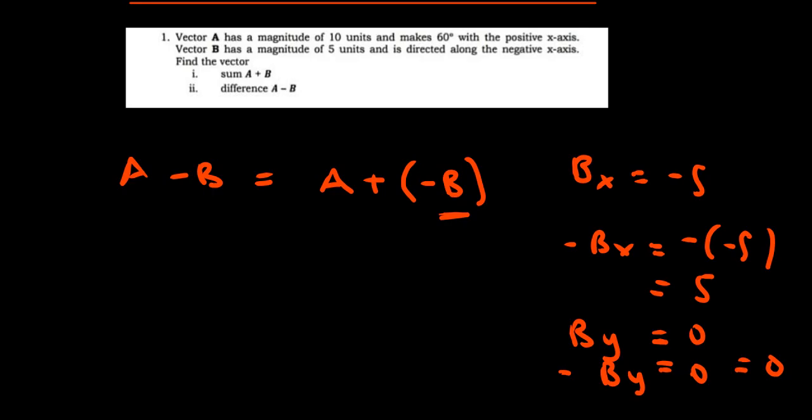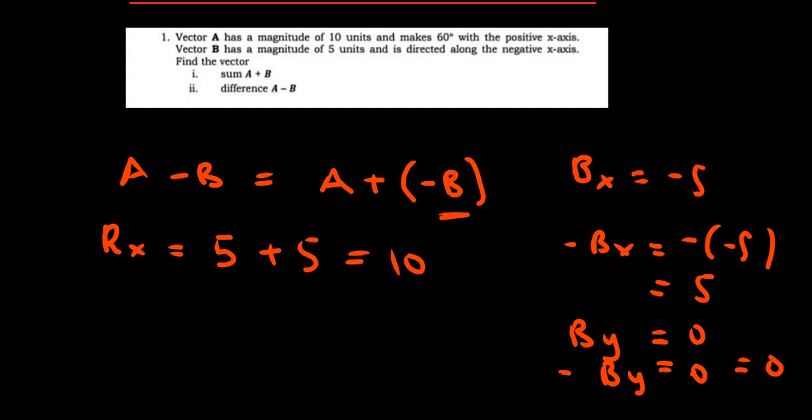So now we still add the same. So we will add the components, so the resultant here. So of a we had, of ax we had 5. Then bx, what do we have? We also have 5 now. So when we add the 2, we will get 10.